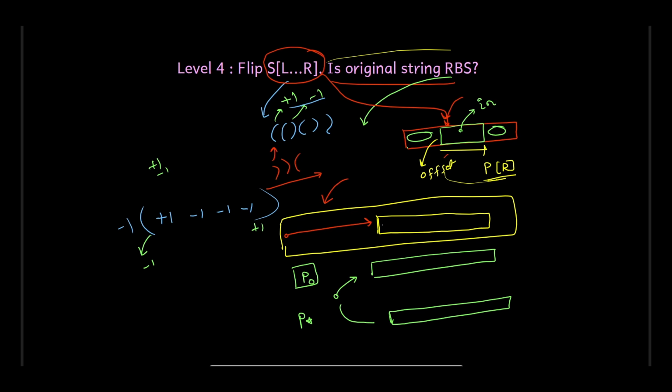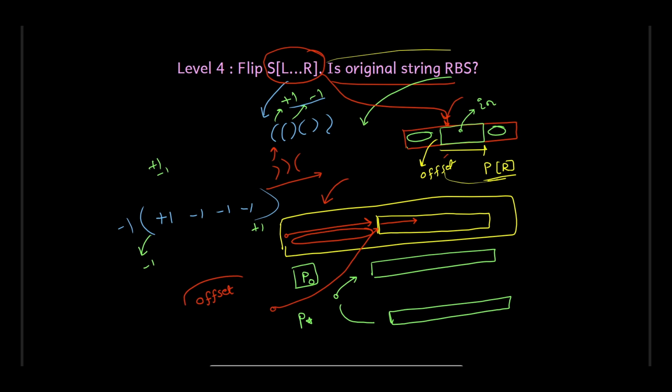Now what happens when you go inside this substring? If you go inside this substring, you have to make sure how much balance you have accumulated so far, what is the offset you have accumulated so far. The offset is nothing but the sum of all of these entities that you have accumulated so far, which is nothing but prefix of L minus 1.